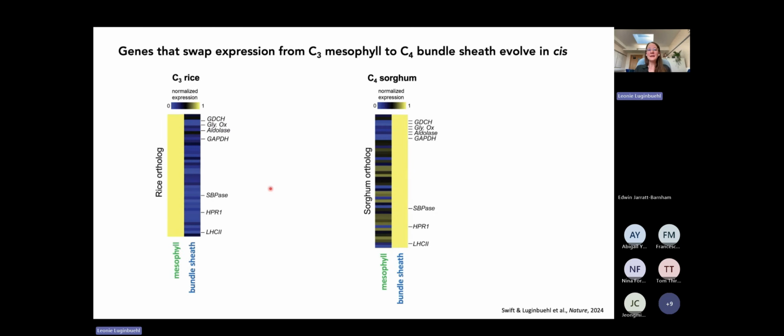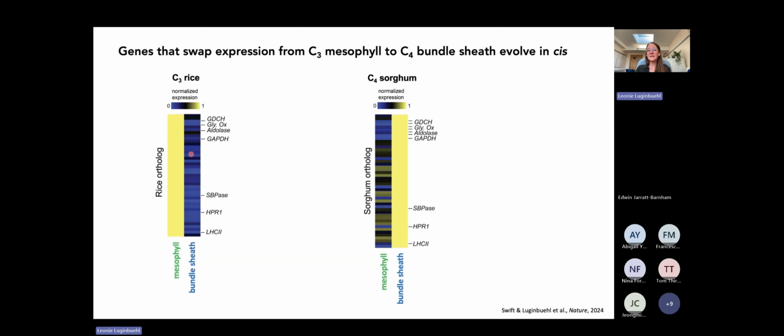And we were particularly interested in genes that swap expression from the C3 mesophyll to the C4 bundle sheath. So these are genes in rice that are more highly expressed here in the mesophyll, and that includes a lot of photosynthesis genes. But then the same genes in sorghum, the exact same copies, are actually more strongly expressed in the bundle sheath.